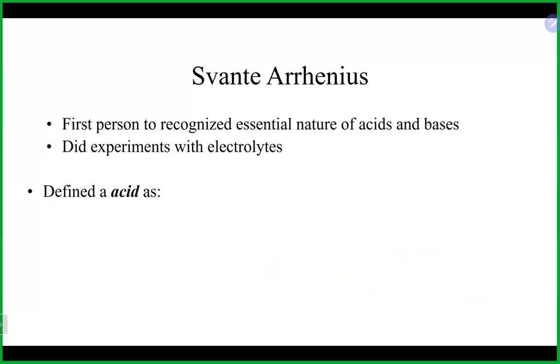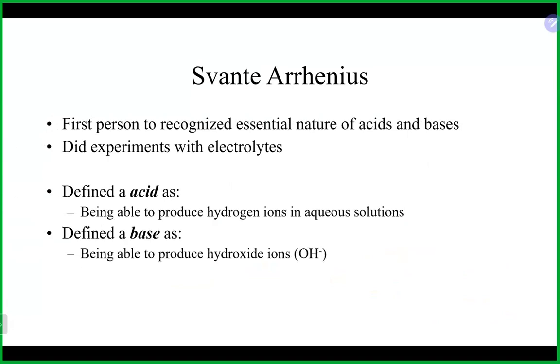Now, one of the first people to do a lot of work with electrolytes and really explored acids and bases was Arrhenius. He gave a definition of an acid and a base, and he said an acid was something that was able to produce hydrogen ions in solution.